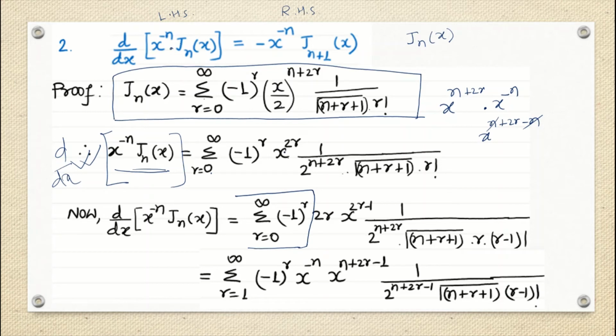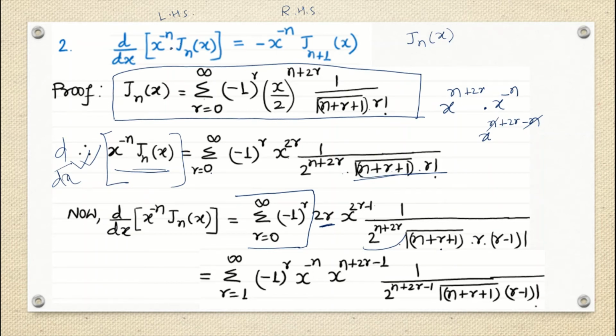Now we see that this is x raised to 2r. The derivative of x raised to 2r is nothing but 2r into x raised to 2r minus 1. The term 1 divided by 2 to the power n plus 2r is again constant, we don't find any x in it, so we just copy it the same way.